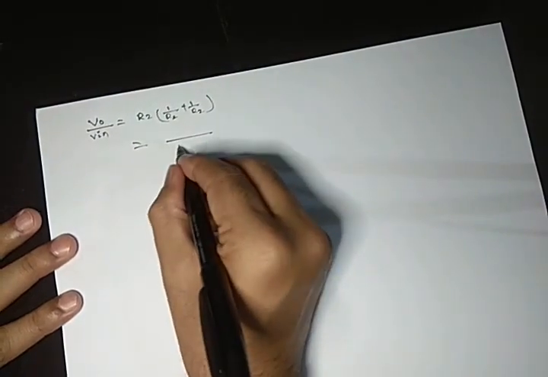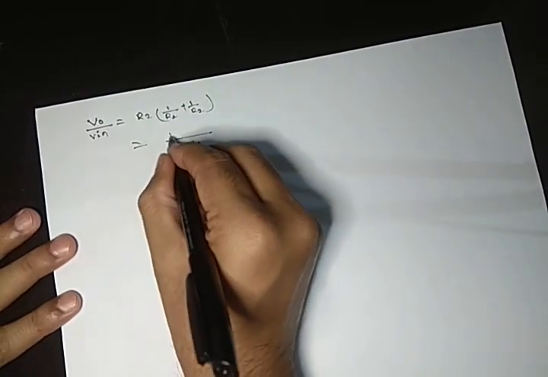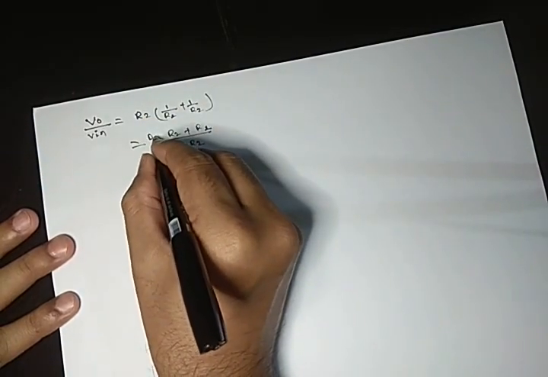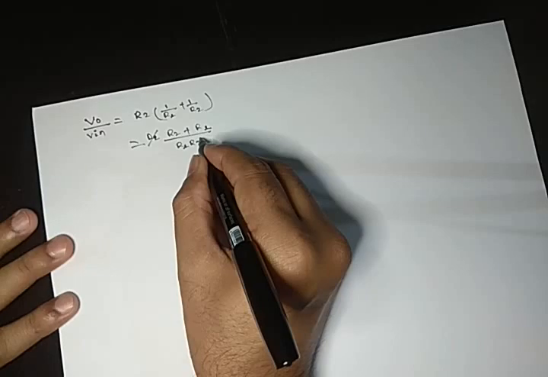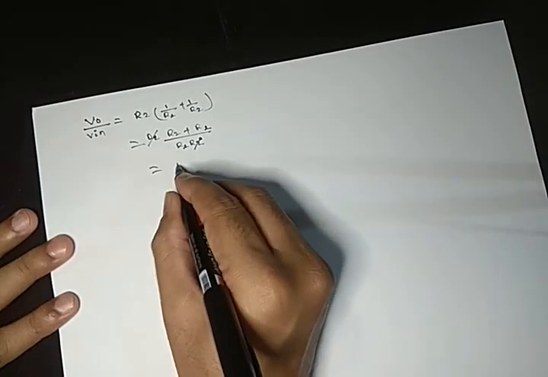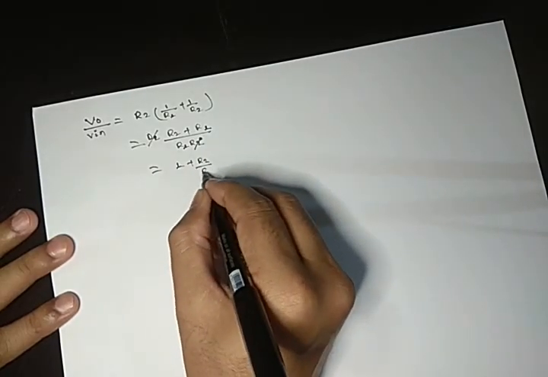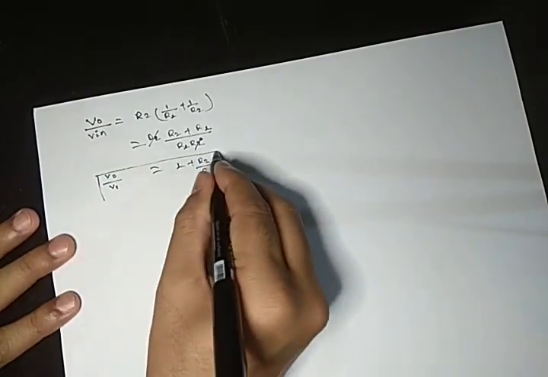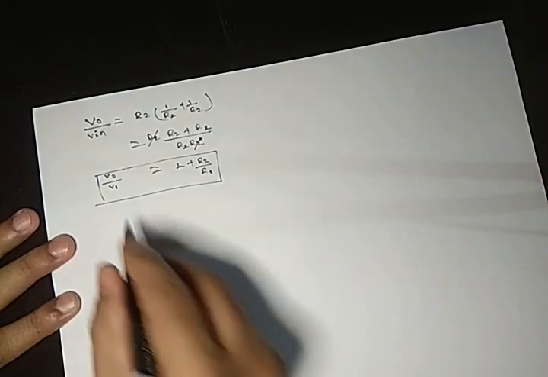This is nothing but R1 into R2 over R2 plus R1, and this is R2, this will get cancelled. Now this will be 1 plus R2 by R1. Now V0 by V in is nothing but 1 plus R2 by R1.